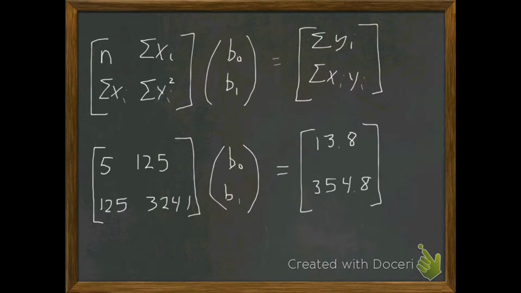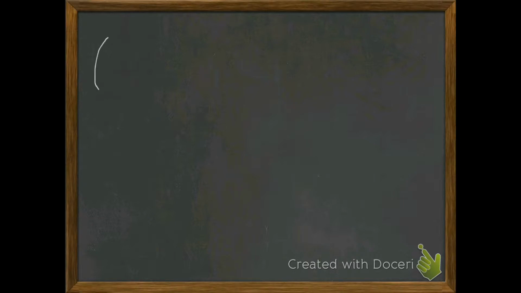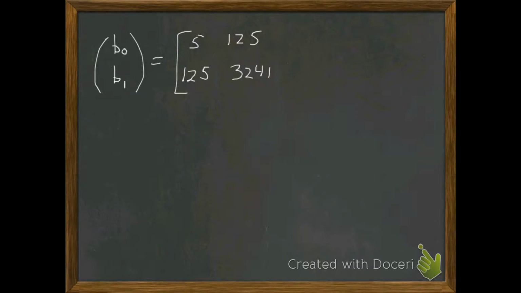Now, obviously what we can do here, well, I don't know if it's obvious, but what we can do here is we can take B0, B1 will be equal to the matrix 5, 125, 125, 3241, inverse, times 13.8 and 354.8.